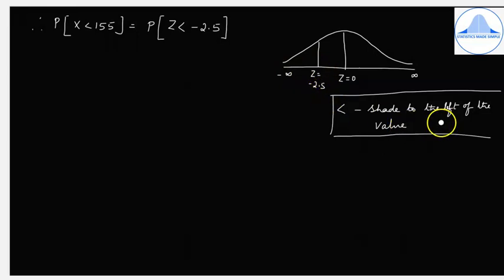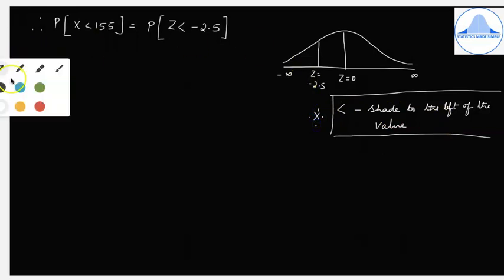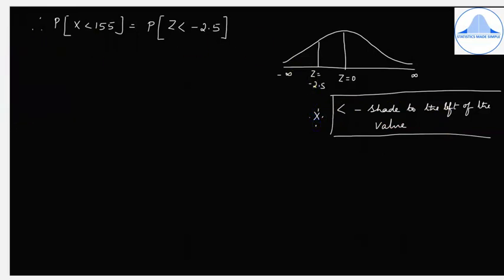So you have to shade to the left of the value. This is an important point to remember. So now let me shade to the left of the value minus 2.5. So shade from minus 2.5 to minus infinity. You can use any type of shading. I'm using yellow color in the shading.